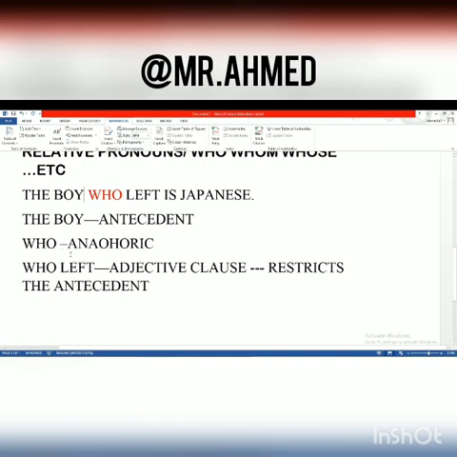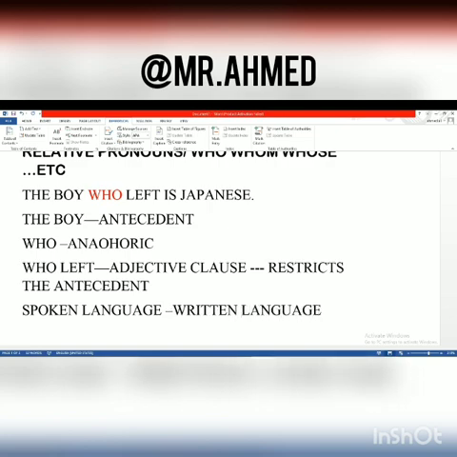Okay, let me check the other thing in the book. Okay, شلون اميزها بالspoken language? Because we have two types of language. We have spoken language, and we have written language. شلون اجي عندي هواية جمل.